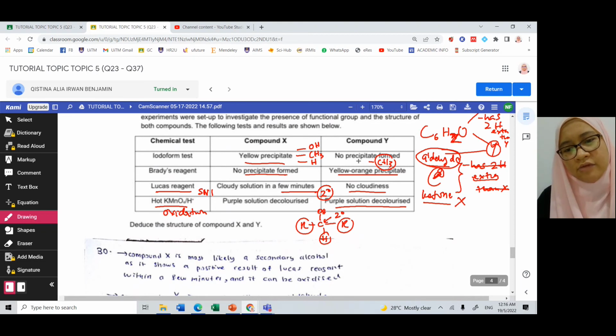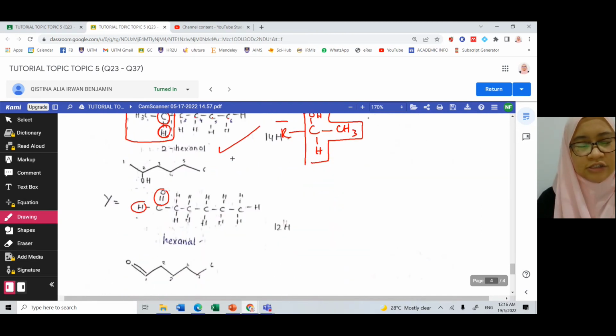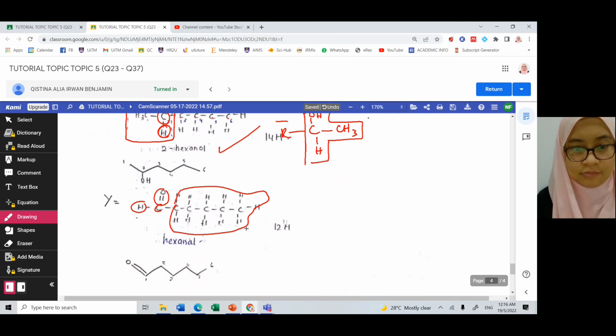And it does not give a positive result to the iodoform test. That means it does not consist of this carbon attached to a methyl group. So this is not a methyl group. This is 1, 2, 3, 4, 5. This is a pentyl group. No wonder it did not give a positive result for the iodoform test just now.